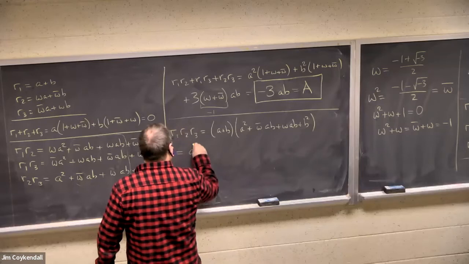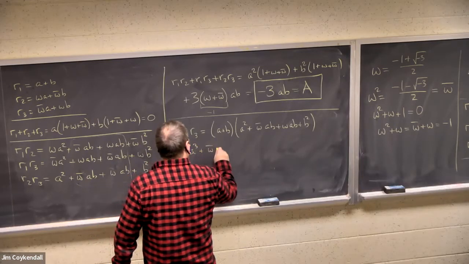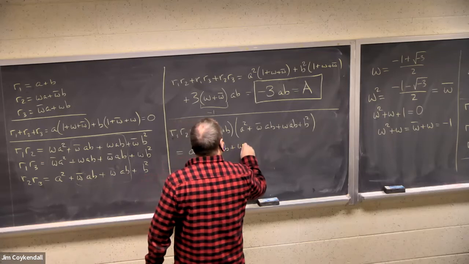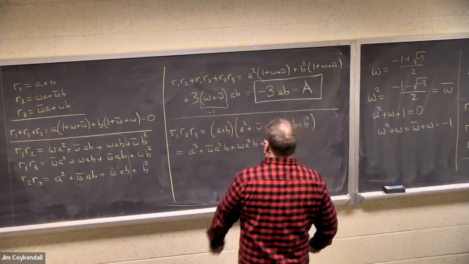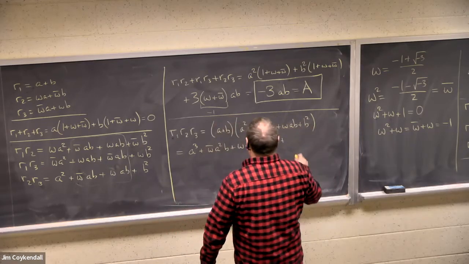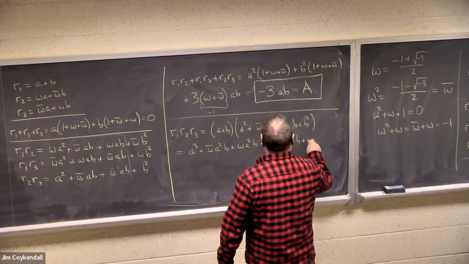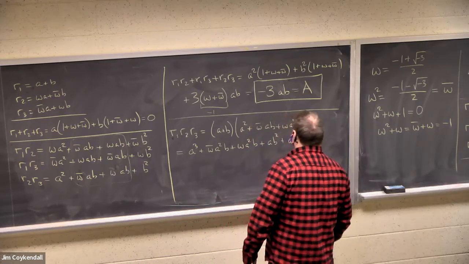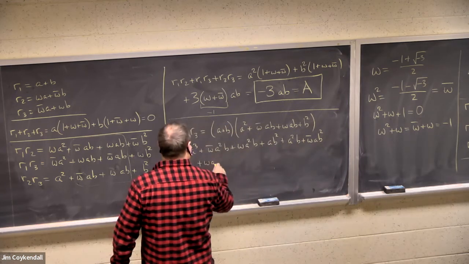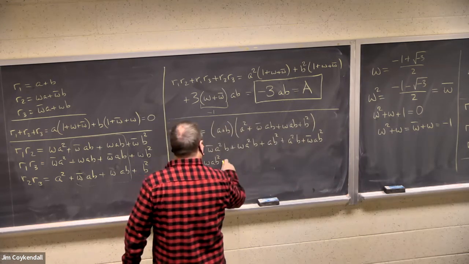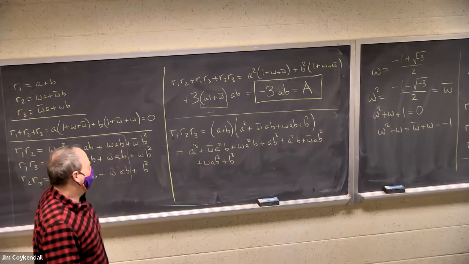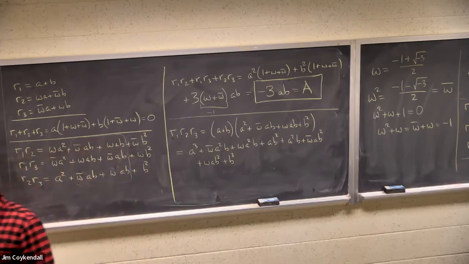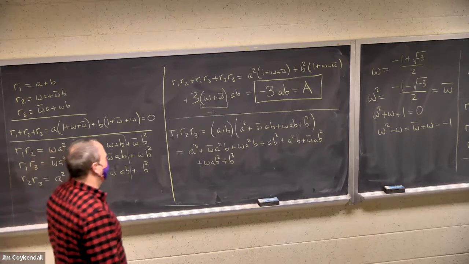This comes to be A cubed plus omega bar A squared B plus omega A squared B plus AB squared, and then B through here. So I get plus A squared B plus omega bar AB squared plus omega AB squared plus B cubed, which looks awful until I look a little closer.